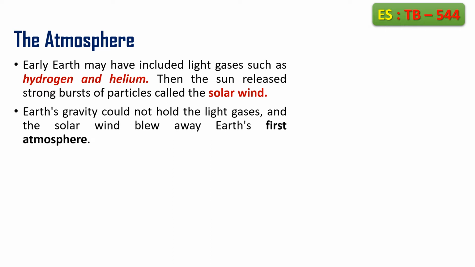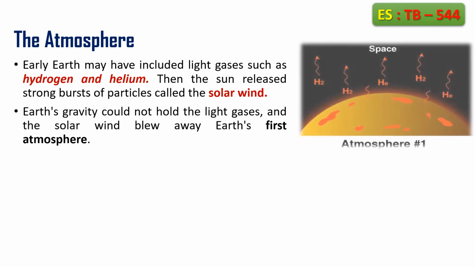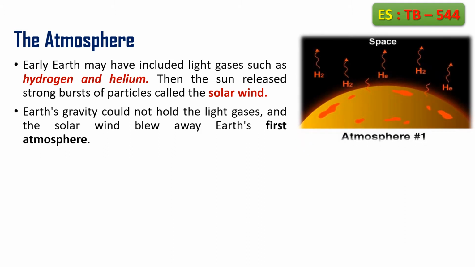Earth's gravity could not hold the light gases, and the solar wind blew away Earth's first atmosphere. Look at the diagram. You can see the hydrogen and helium gases releasing to space. It's called the first atmosphere.